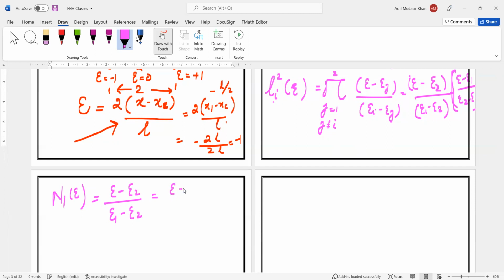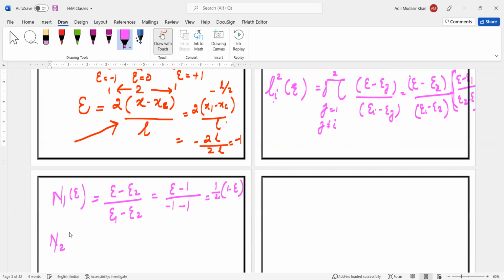So it is (zeta minus 1) divided by (zeta 1 is equal to minus 1, this is minus 1). That comes out equal to 1 by 2, (1 minus zeta). This is one of the shape functions, n1.